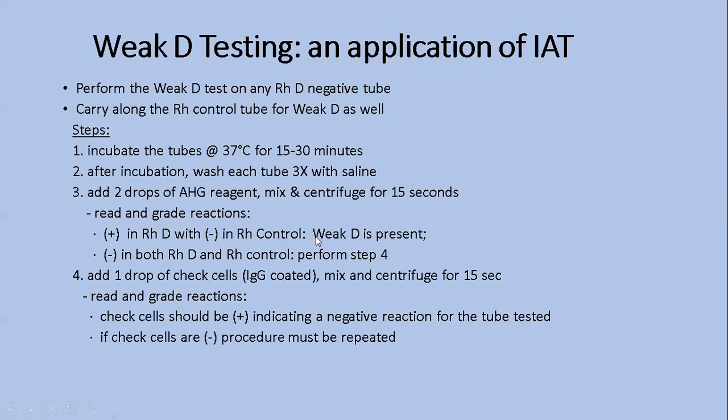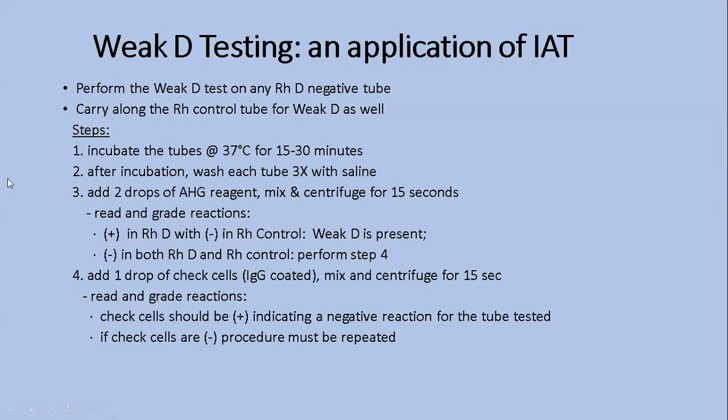It means this person has weak D present, and so they would be considered RH positive. That's how we would interpret them. And so remember, weak D can result from inheritance of the D allele with respect to C and E, and it can result in weaker expression of the D antigen. That's one of the times we can see it.